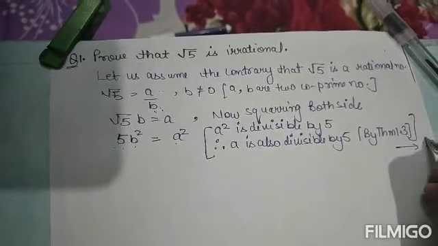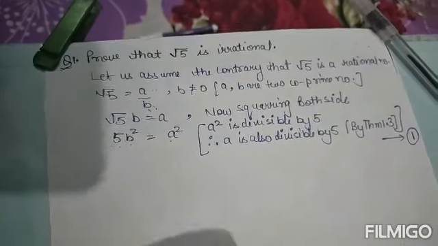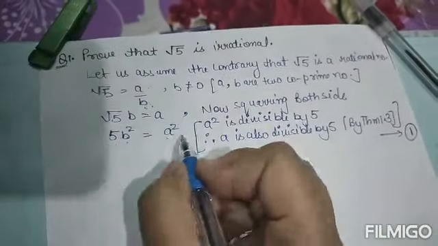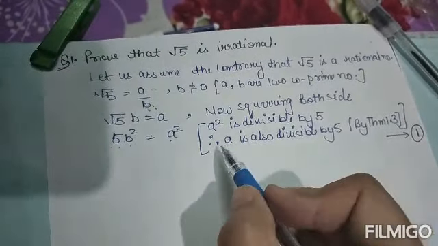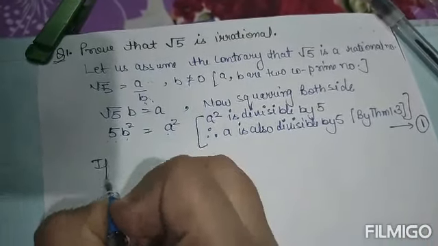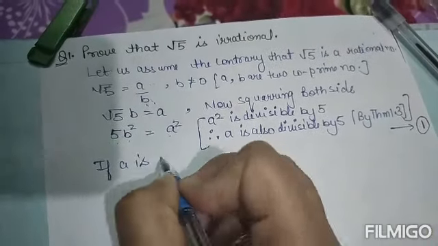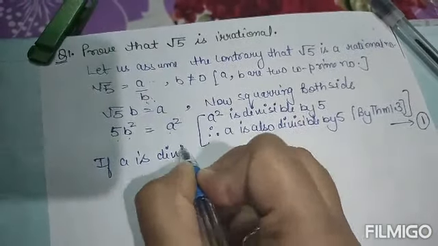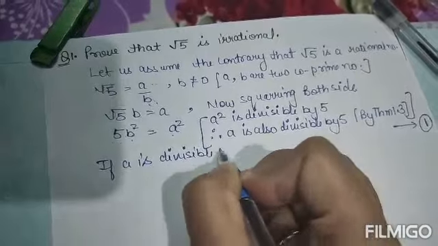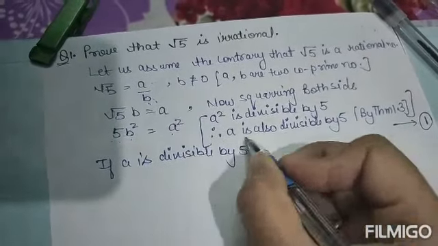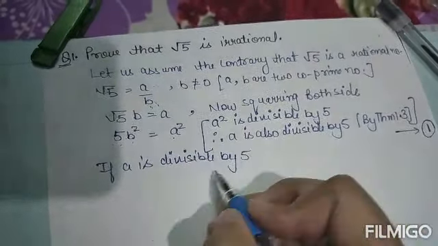Okay, so take this bracket as 1. Now look here, if A is divisible by 5, we have written here that A is also divisible by 5.